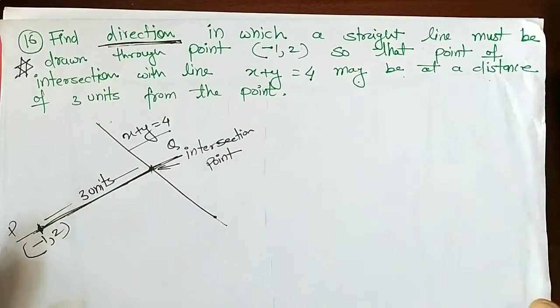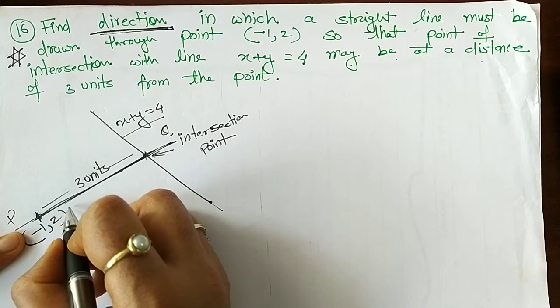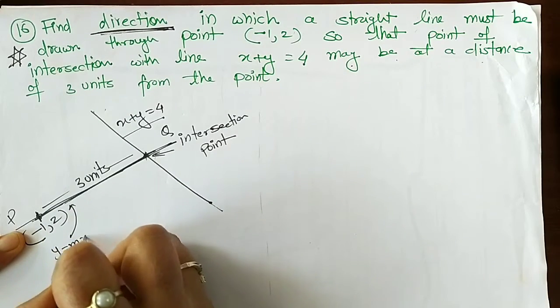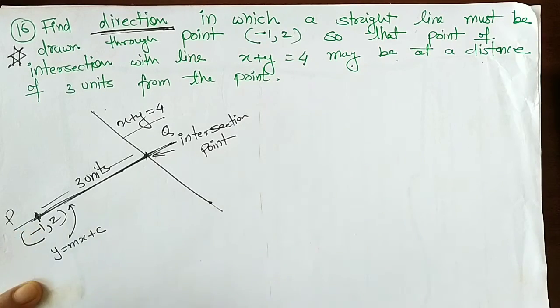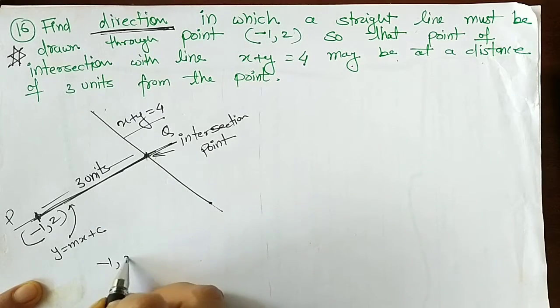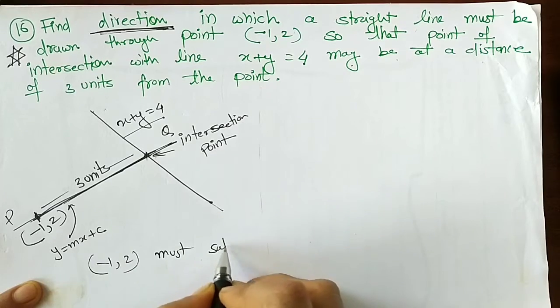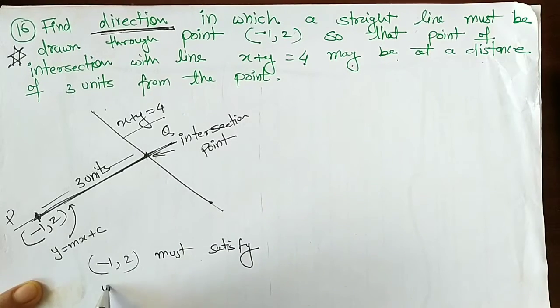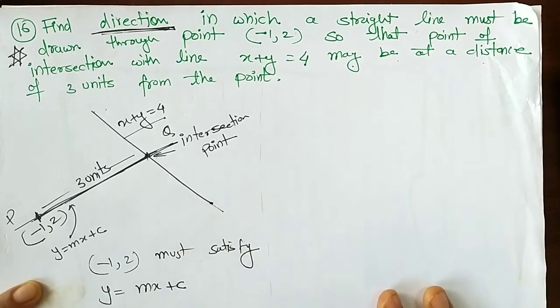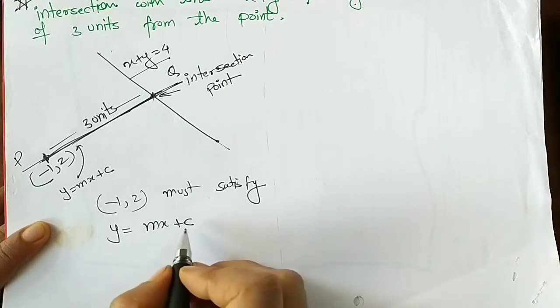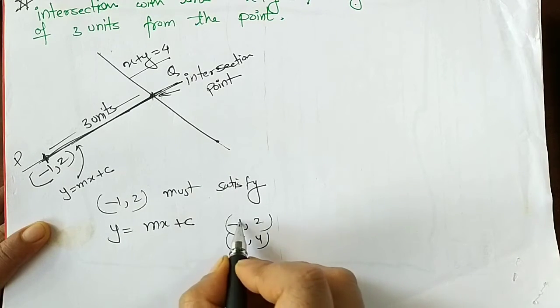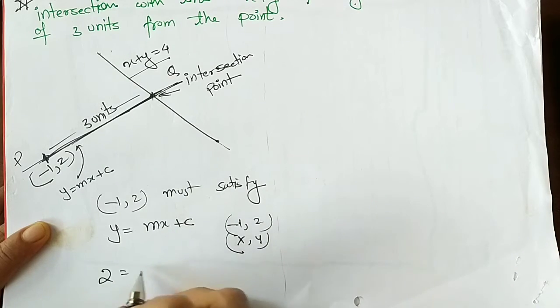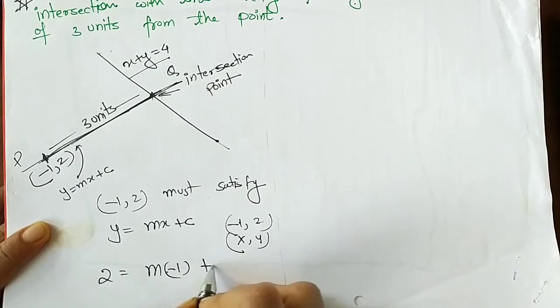So for this, suppose this line is y is equal to mx plus c, because this is the simplest form, and they are saying this line is passing through this point, so at least I can calculate something. So minus 1 comma 2 must satisfy y is equal to mx plus c, because it is present there. If I put this point, x is minus 1 and y is 2, so 2 is m into minus 1 plus c.